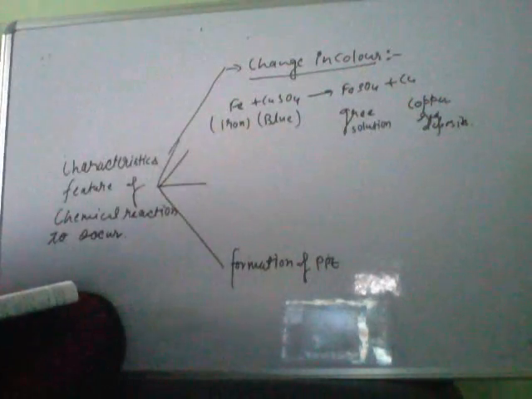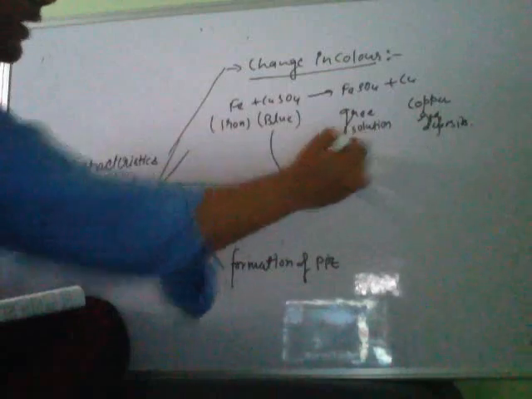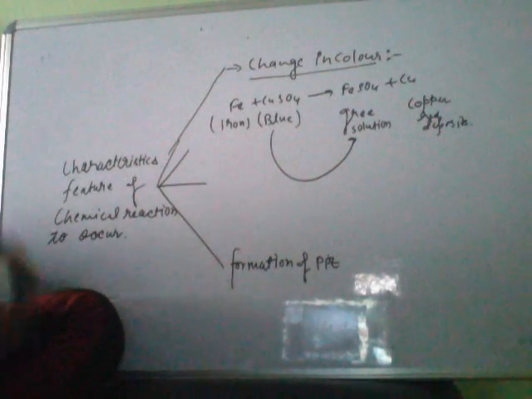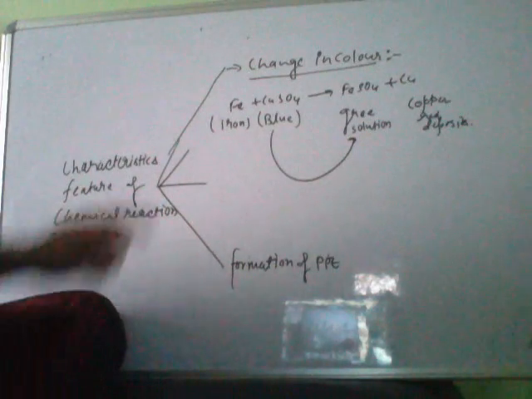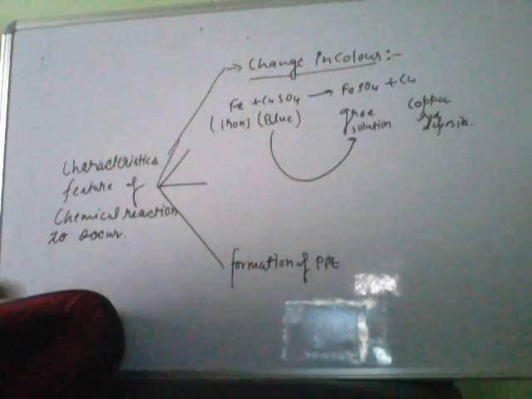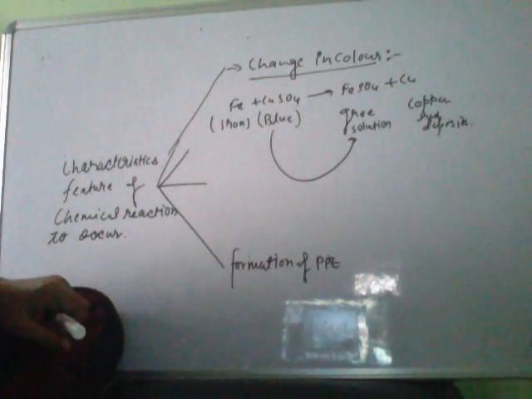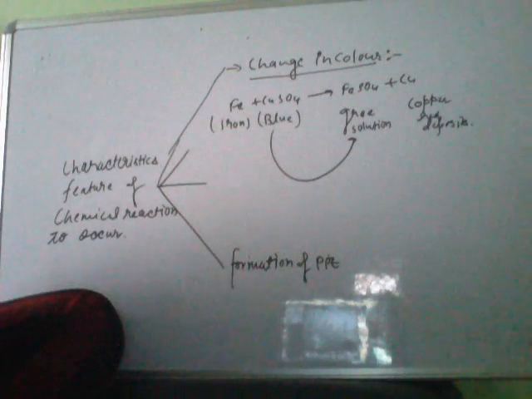So it changes from blue to green: the color of the reactant changes to the color of the products. That is why this is a characteristic feature of a chemical reaction, where the color of the reactant changes to the color of the product.